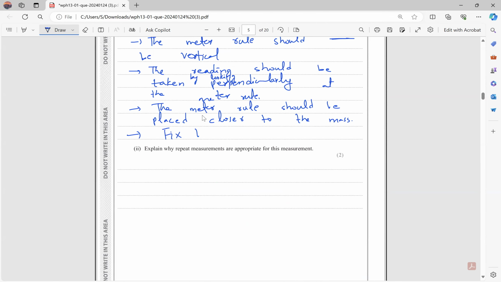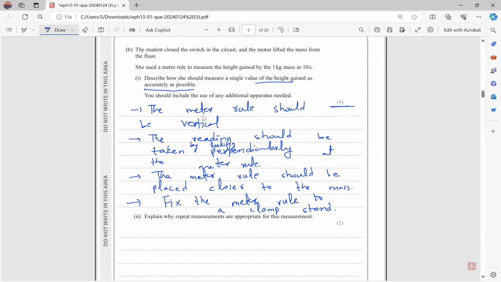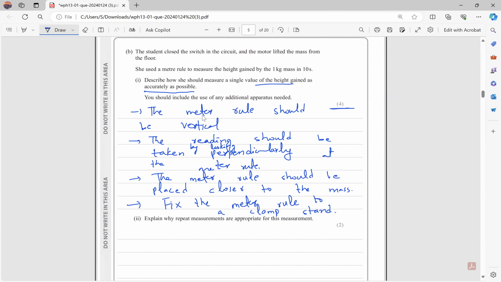So fix the meter rule with a clamp stand. You have to fix it in such a way that it doesn't move during the measurement. So these are 4 points that will provide us with an accurate value of the height gained as accurately as possible.